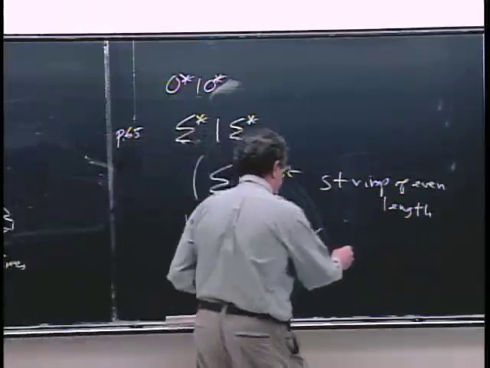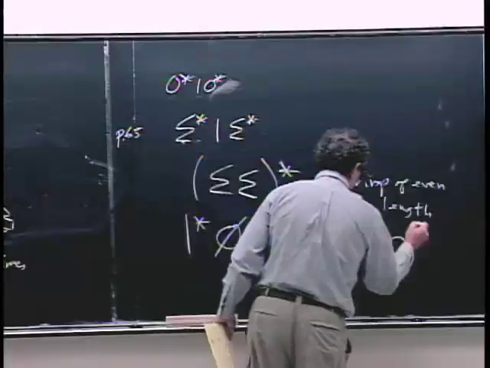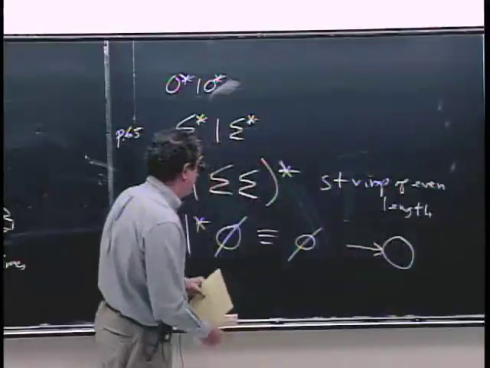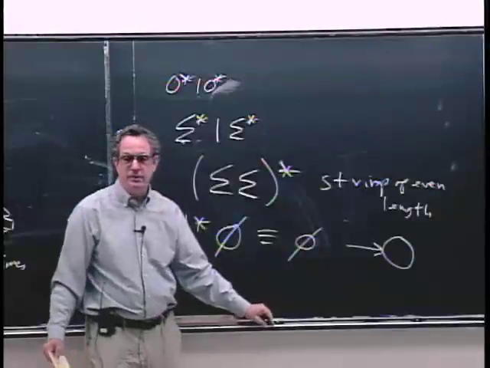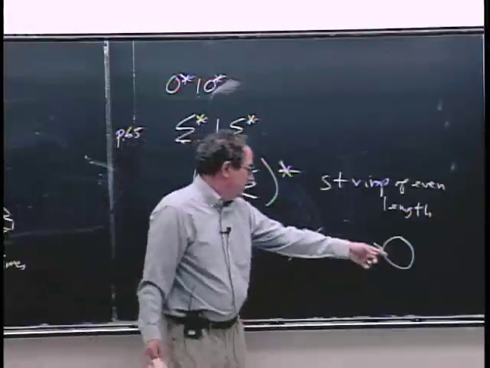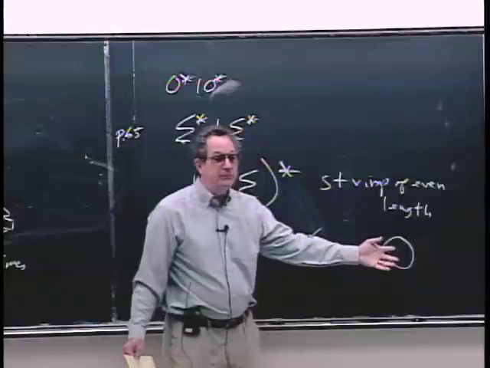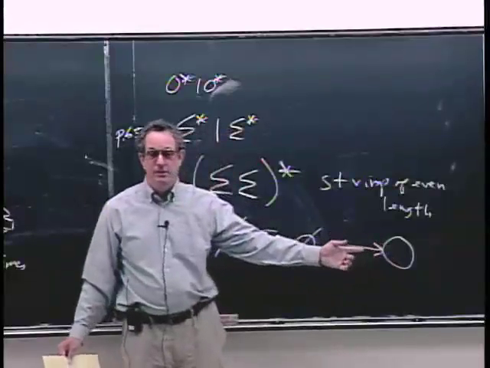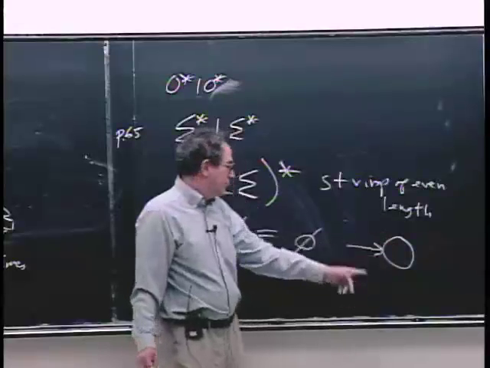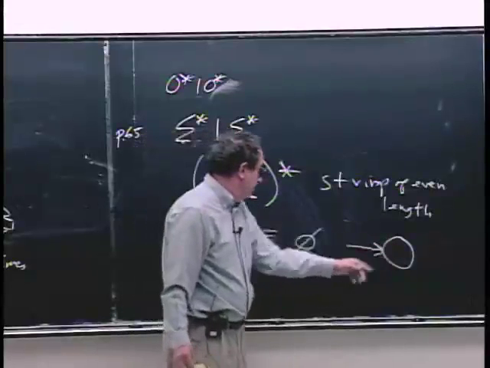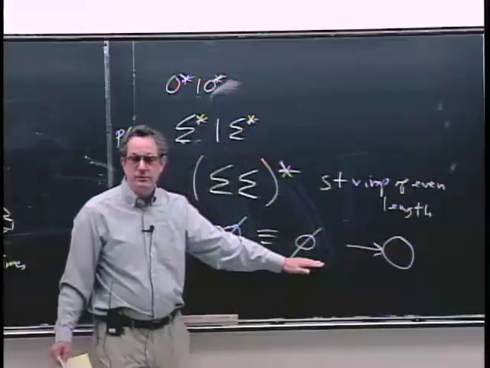Or probably better to call that an NFA. It accepts nothing. It doesn't even accept the empty string, because there's no final state. So this is the NFA for the empty language.